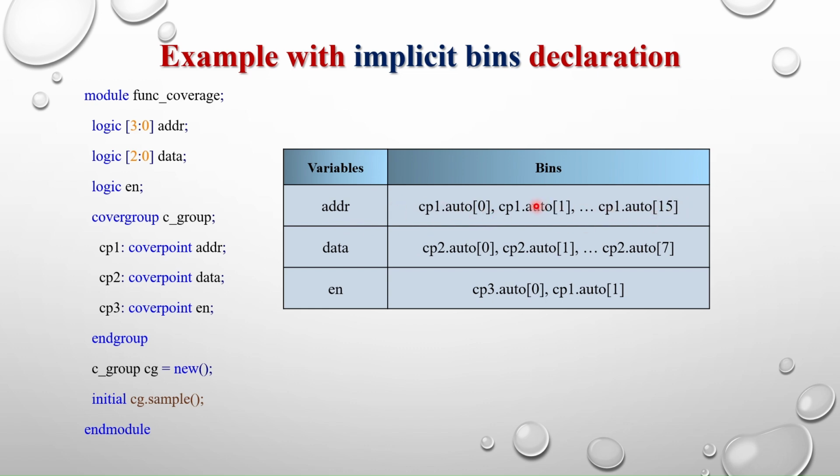These names you can see in the coverage report. No need to write anything because these are implicit bins. So it depends on 2 to the power bit width. 2 to the power bit width is equal to the number of implicit bins of that variable. For data, which is 3 bits, 2 to the power 3, 8 implicit bins will be created. And enable is a single bit, 2 to the power 1 equals 2 implicit bins. So this is how the implicit bins will be generated for a coverpoint.